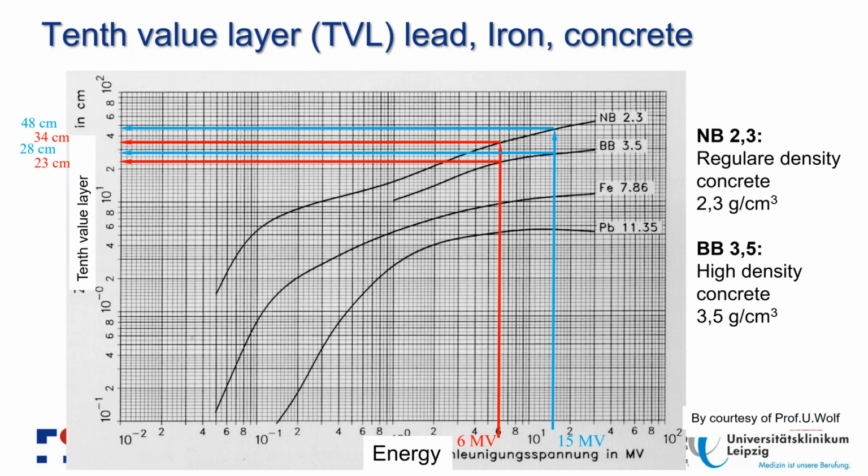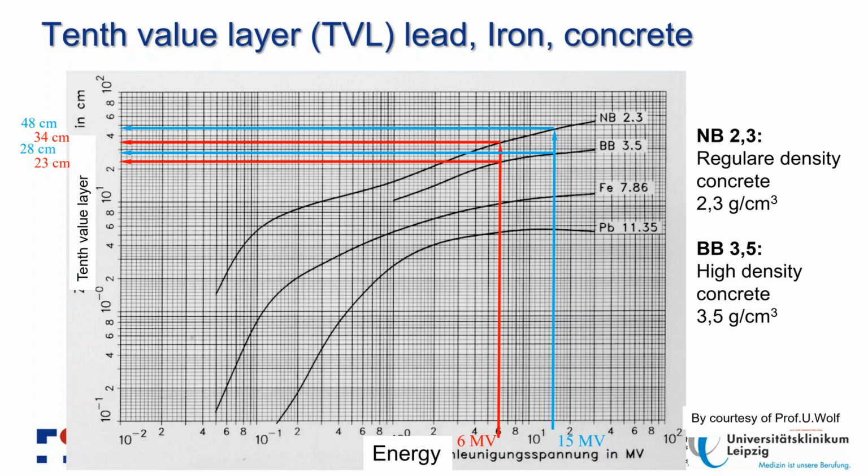So the discussion is now: do we need this high number of energy for such a machine? If you compare the depth dose curves for 6 and 15 MV, yeah, you gain not that much. The dose maximum for the 15 MV depth dose curve is around 2 centimeter, 2.5 centimeter. 6 MV is stable at 1.5 centimeter.